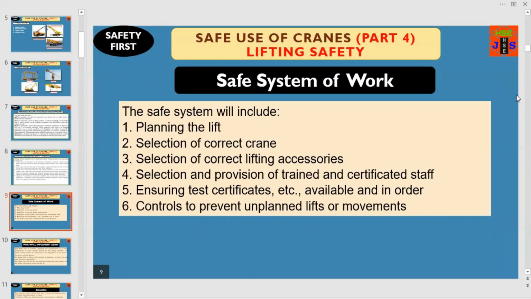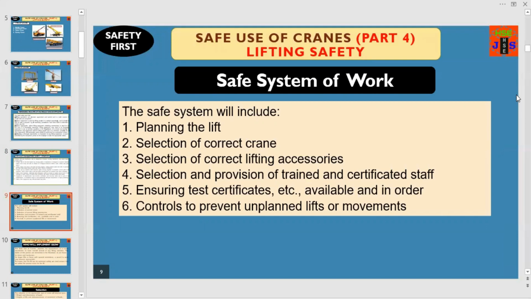You have to implement a safe system of work. The safe system of work may include: number one, planning the lift; number two, selection of the correct crane; number three, selection of correct lifting accessories; number four, selection and provision of trained and certified staff; number five, ensuring test certificates are available and in order; and number six, controls to prevent unplanned lifts or movements of the lifting equipment.